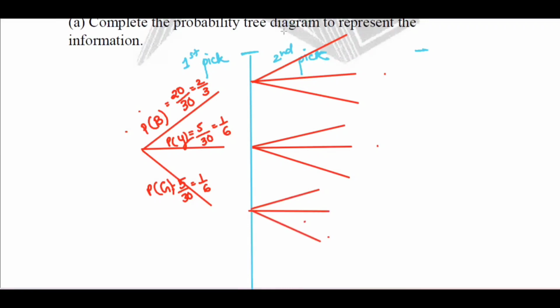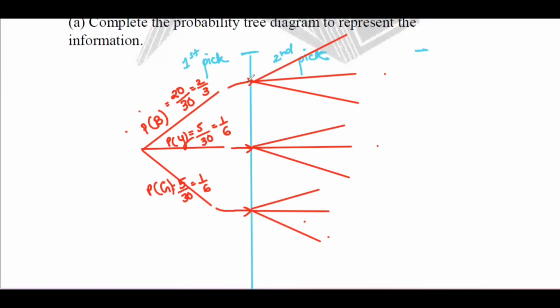This is when he has already chosen the blue. This is when he has already chosen the yellow. And this is when he has already chosen the green. So if he has already chosen the blue, that means now there is one less blue. One less blue, that means previously there were 20 blue marbles, now there are 19 marbles.